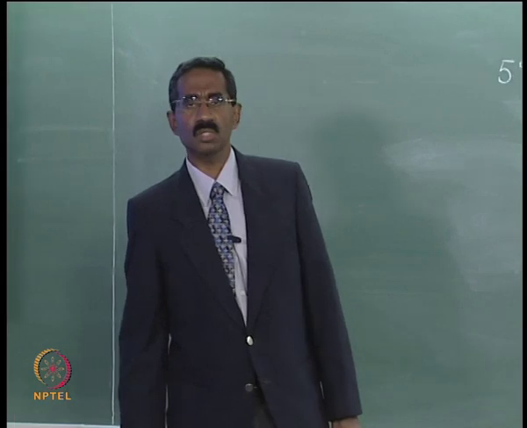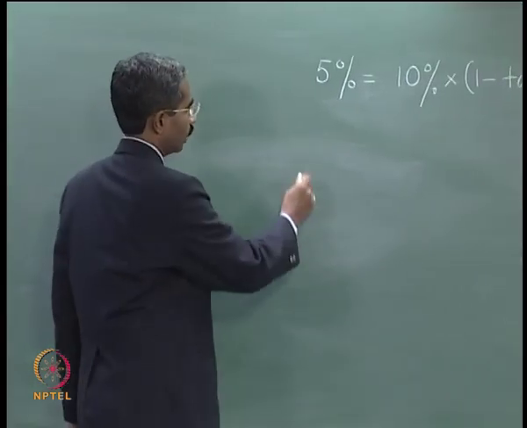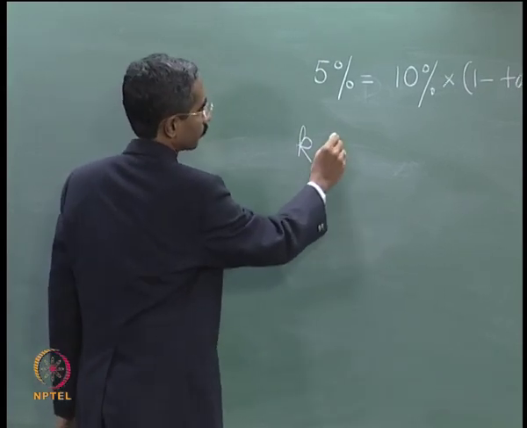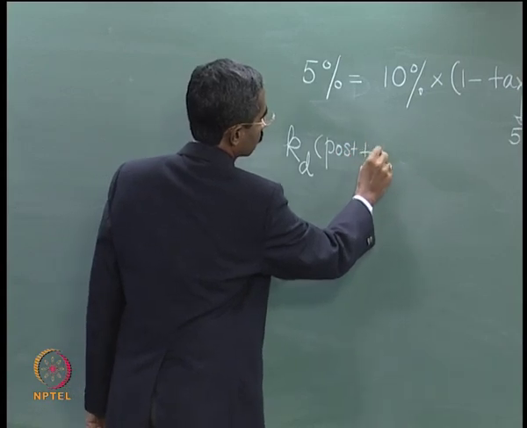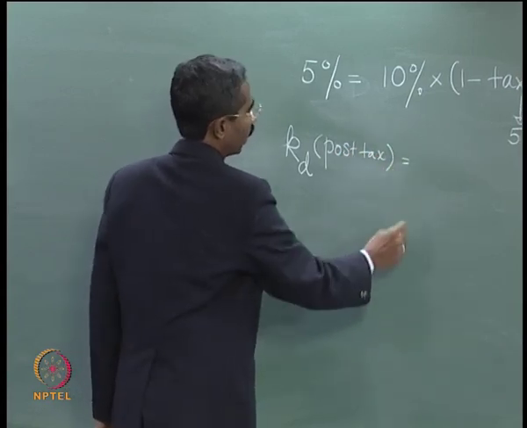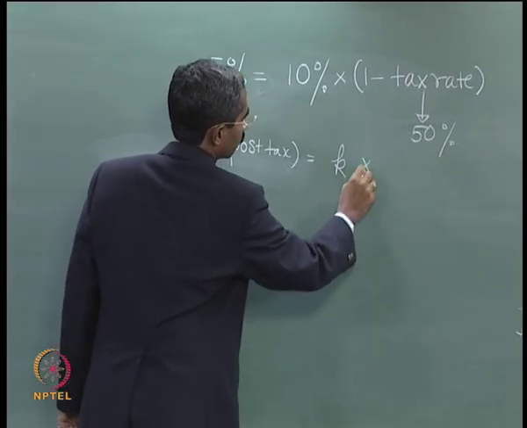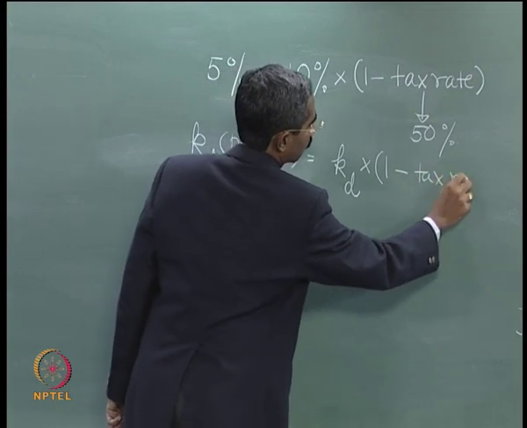So, in essence the post tax cost of debt, okay, cost of debt I am denoting by KD, and then post tax, is nothing but the cost of debt pre tax multiplied by 1 minus your tax rate.